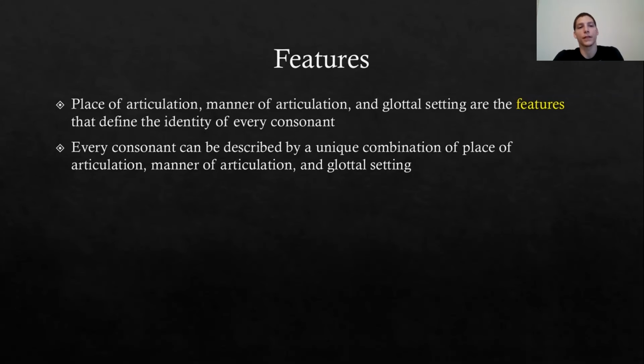So this combination of place of articulation, manner of articulation, and glottal setting are what define the identity of every consonant. And because the change in place of articulation or manner of articulation or glottal setting makes the sound different, you can identify any phone by its unique combination of its place feature, its manner feature, and its glottal feature.